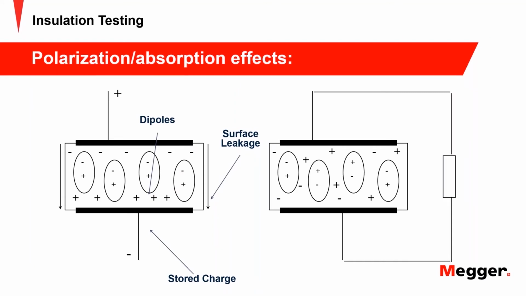If you apply a DC gradient across the insulation, then the polar molecules are going to align themselves against the field. And this is a movement of charge, and hence it is a current. And it is critical in applying your test and interpreting your readings.